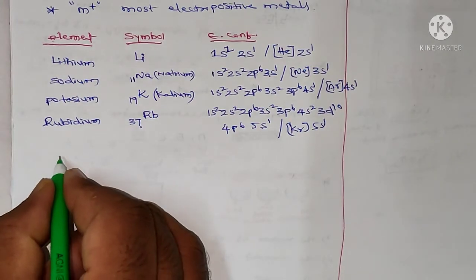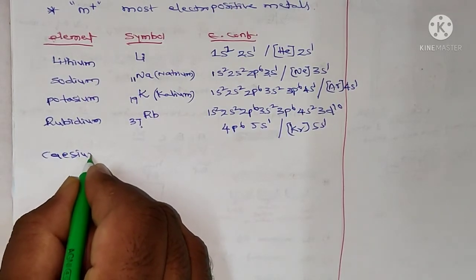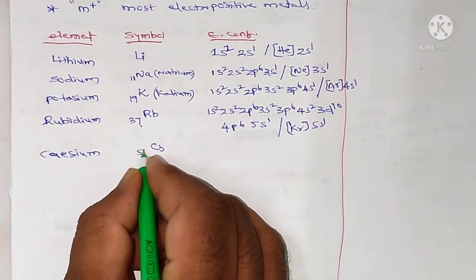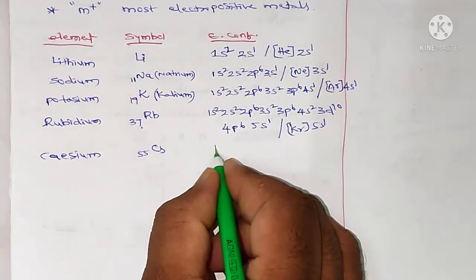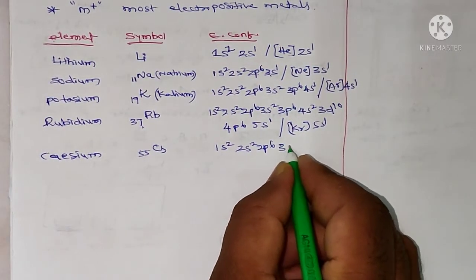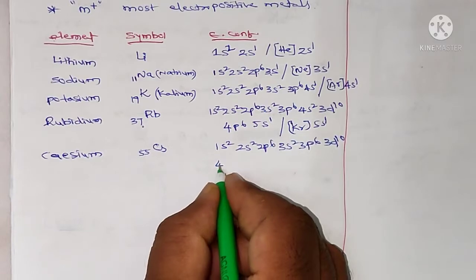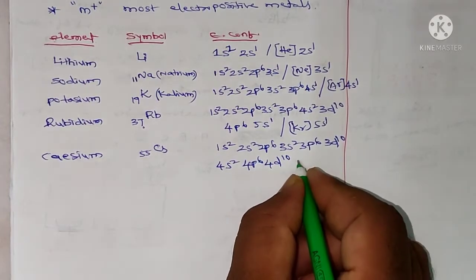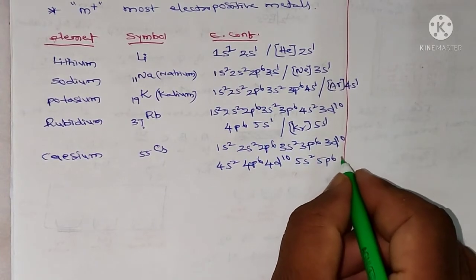And the next element, cesium. Its symbol is Cs and atomic number 55, so the number of electrons is 55. For those 55 electrons, the electronic configuration is 1s2, 2s2, 2p6, 3s2, 3p6, 3d10, 4s2, 4p6, 4d10, 5s2, 5p6 and 6s1.